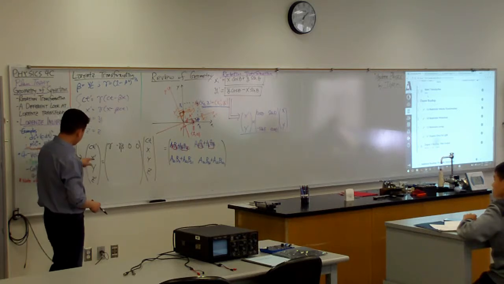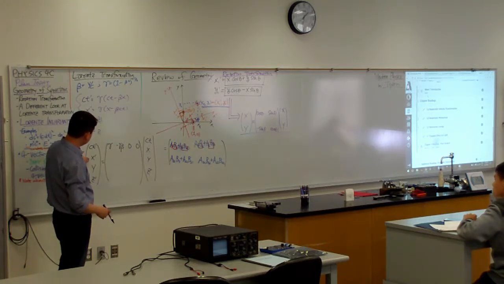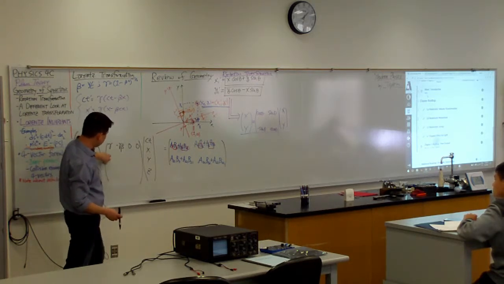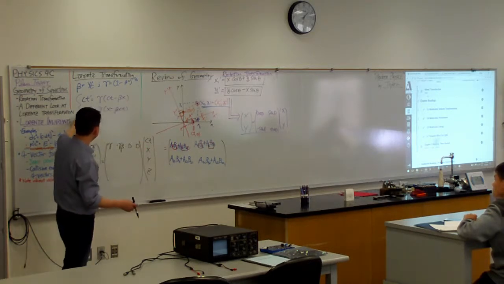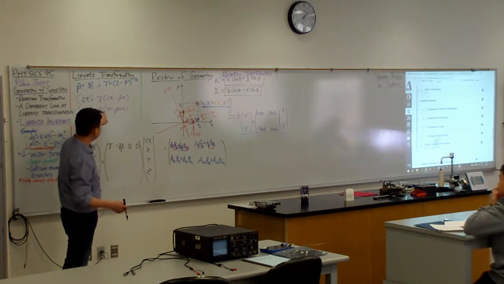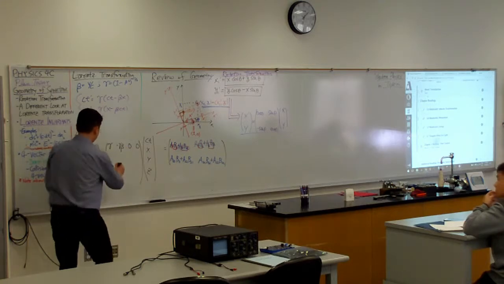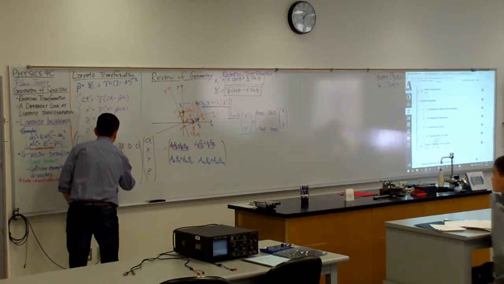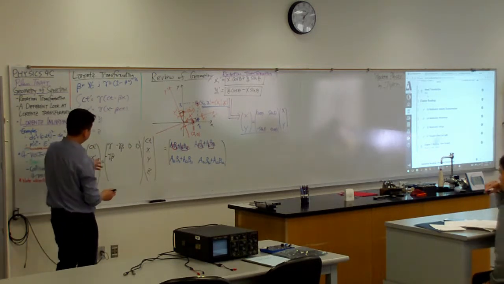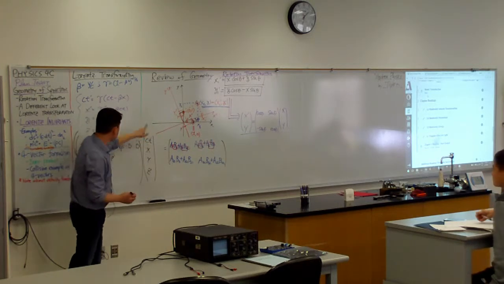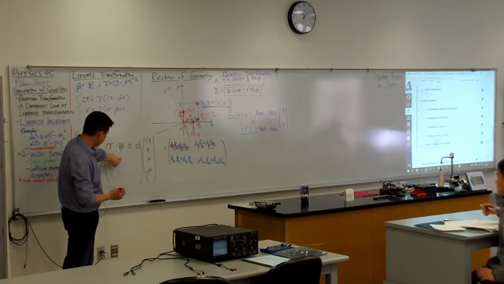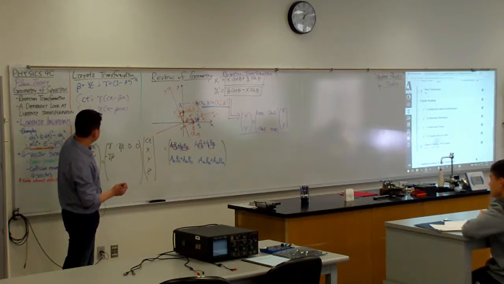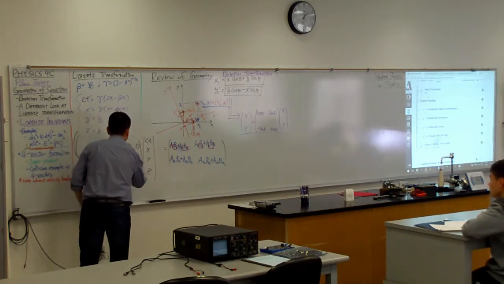For the x prime, let me go in order. To get the correct factor for Ct, I need a factor of minus gamma beta. And then the next entry will give me x, so that's gamma times x, so gamma.